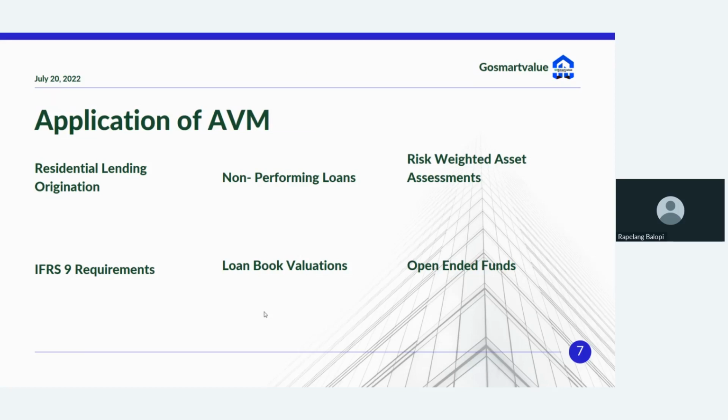We're seeing it in residential mortgage lending, origination, and remortgaging, where the key thing being assessed by the lender is the risk appetite for the loan that is being put as security against that property. We are seeing automated valuations being applied for non-performing loans, for a lot of financial institutions who find themselves in a high level of non-performing loan scenario.